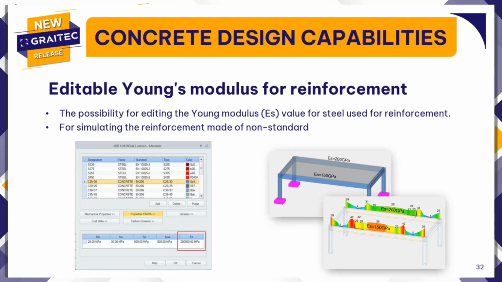Changing the Young modulus for the reinforcement affects especially cracking and deflection. So you see in the picture on the right, we have 2 beams, one with reduced Young modulus, and the crack values are bigger on that beam.